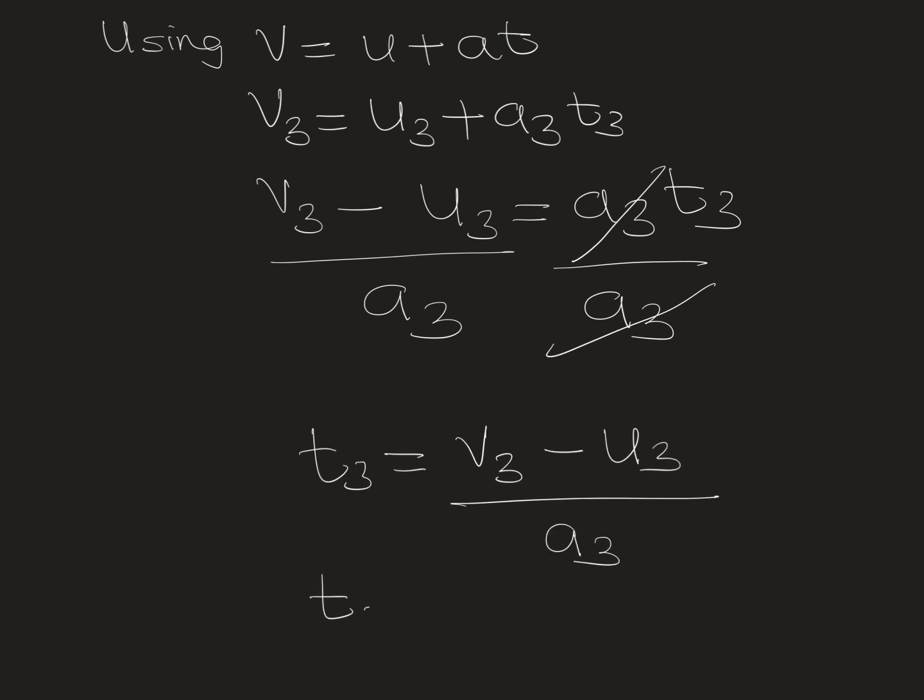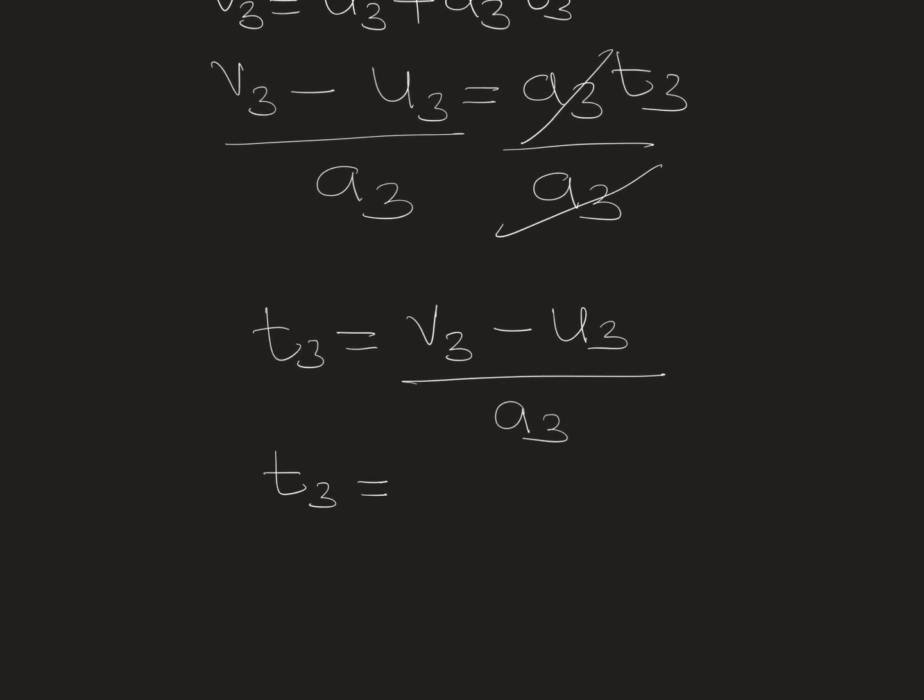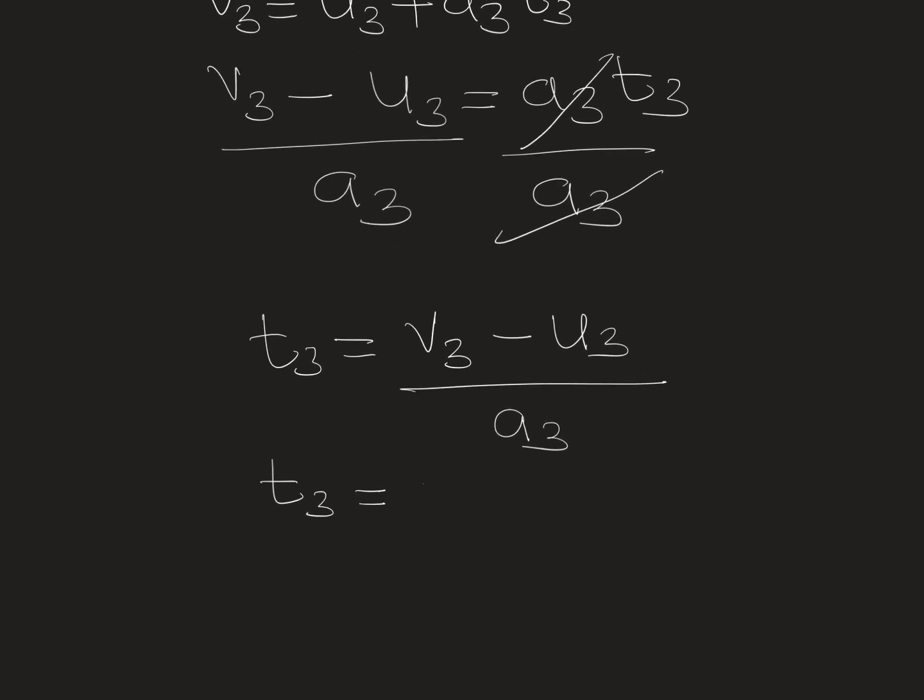So T3 is equal to V3, which is 0 meters per second since the body comes to rest. So it means the final velocity will be 0. Then minus U3, which will be 24 meters per second since it is the velocity at which the body starts to retard to rest.